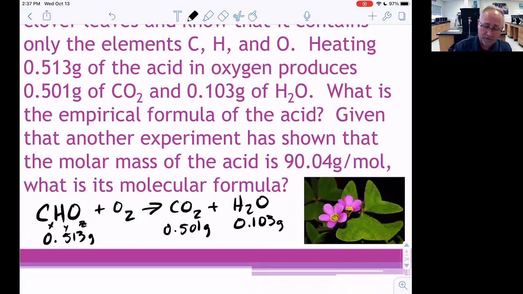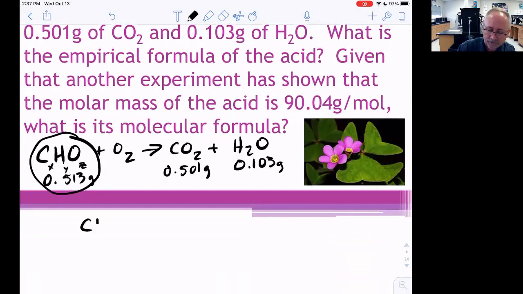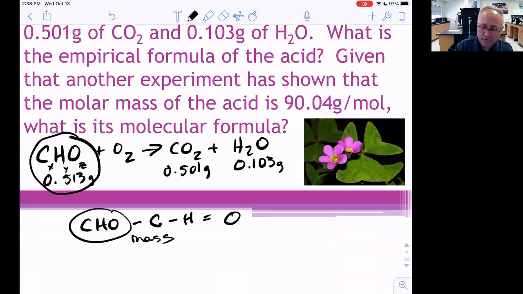But the original compound that I'm circling over there actually has carbon, hydrogen, and oxygen in it. So the way that we do this is the total mass of the CHO compound, minus the mass of the carbon, minus the mass of the hydrogen, would equal the mass of your oxygen. Okay, and this is all mass down here. So whatever this mass is, which is 0.513, minus the grams of the carbon and the grams of the hydrogen will give you grams of just the oxygen.